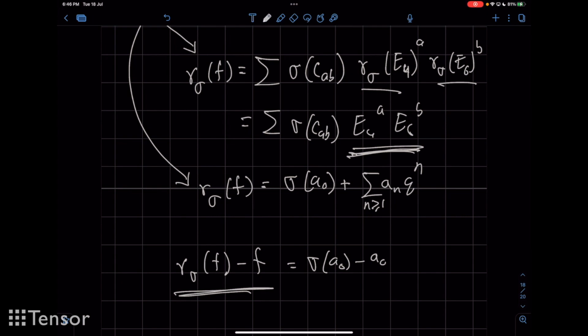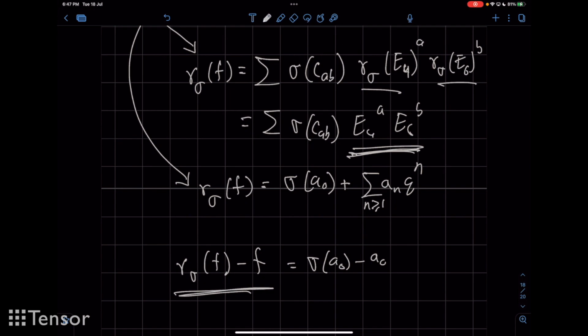What do you know about constant modular forms? Well, we always have even k.